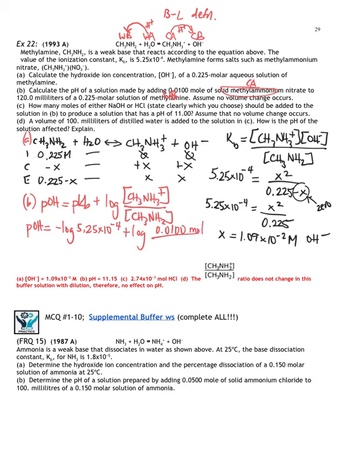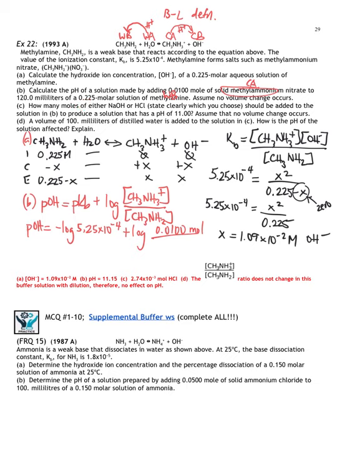0.0100 moles given to me, and then the methylamine, so that was methylammonium. Methylamine is this amount, so I'm going to have to multiply these two to get my mole units.